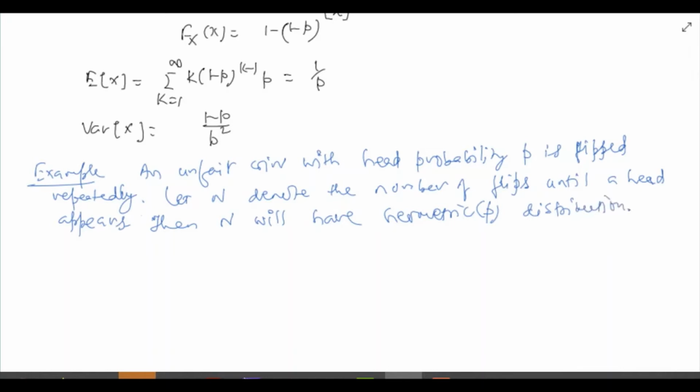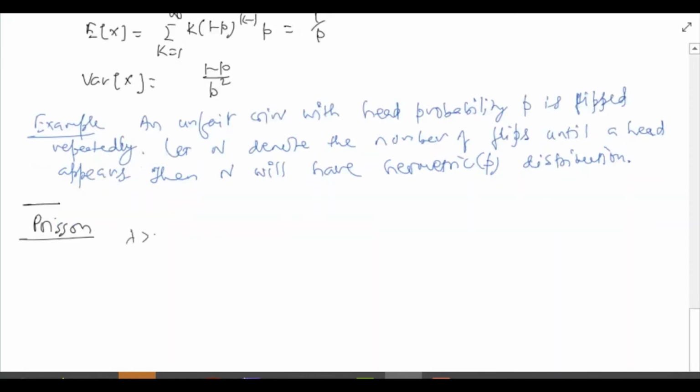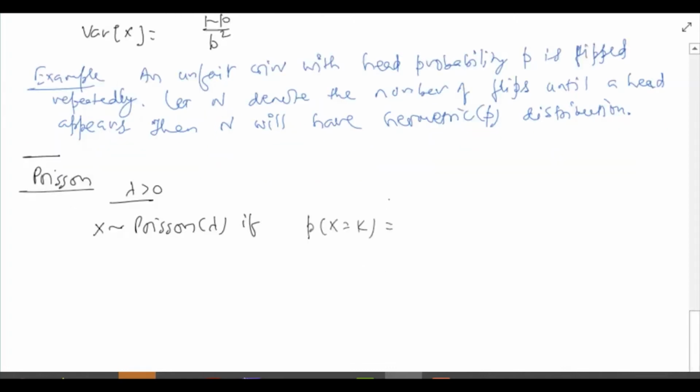Let's see one more example of a discrete random variable that is very important, and this is Poisson. For a positive number lambda, we say that a discrete random variable x has a Poisson distribution with parameter lambda if its PMF is given by the following expression: probability that x will be k is e raised to minus lambda, lambda raised to k, over k factorial.